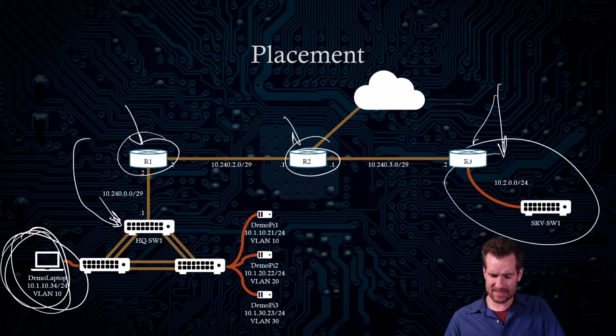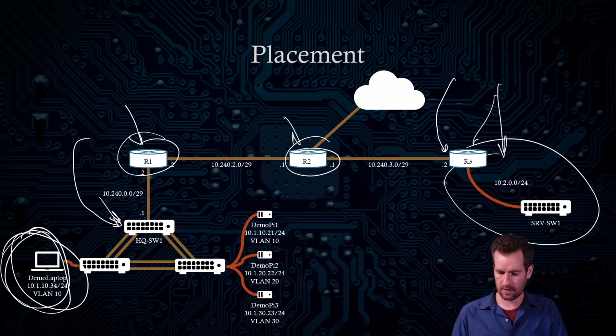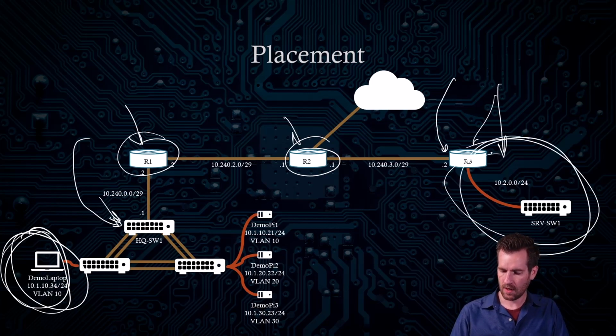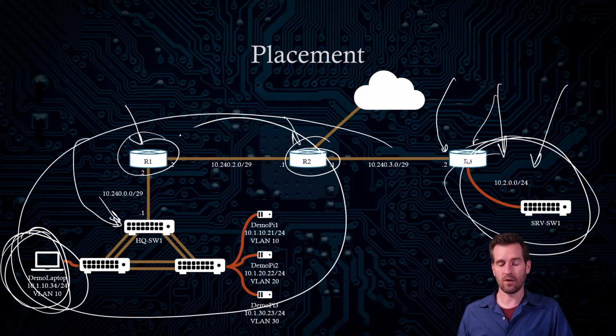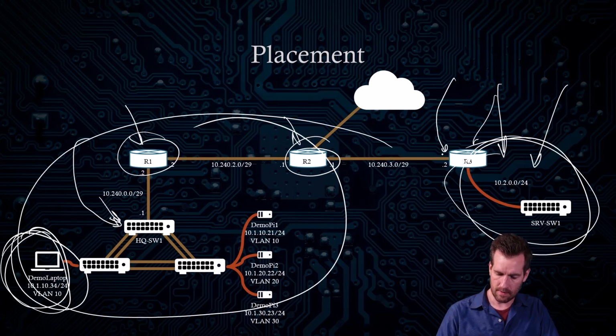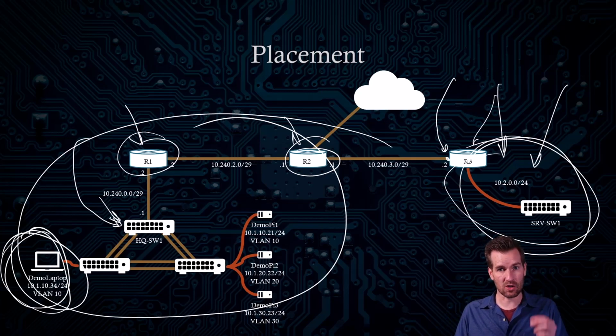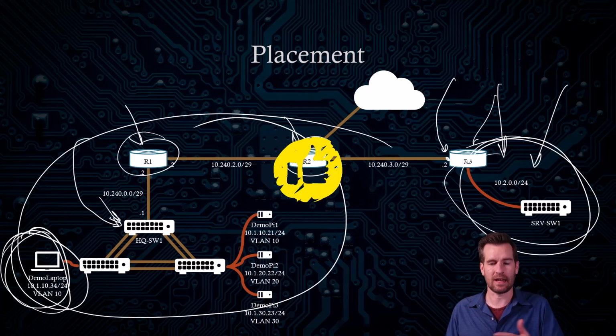So from a security standpoint, I sometimes like to put it in a little different location. In this case, if I'm trying to guard this network against resources that are over here, then I'm going to put it on this interface right here to make sure I get the security correct and make sure I don't miss someplace along the path, along the journey, where I would need that ACL.